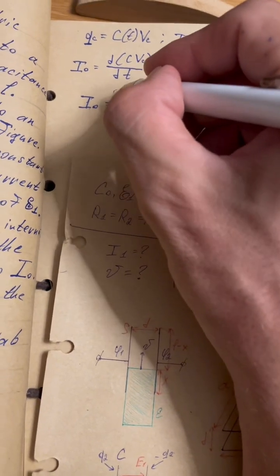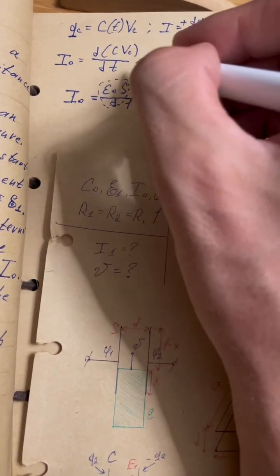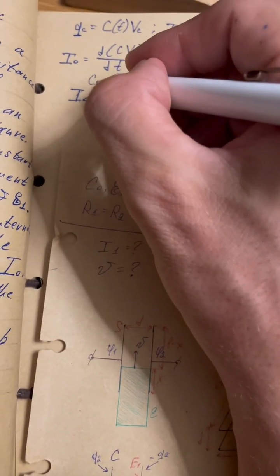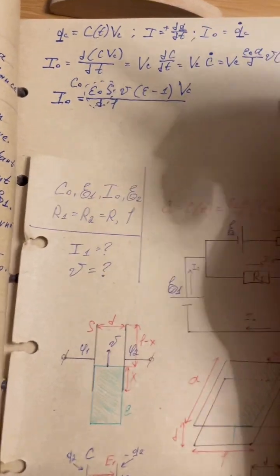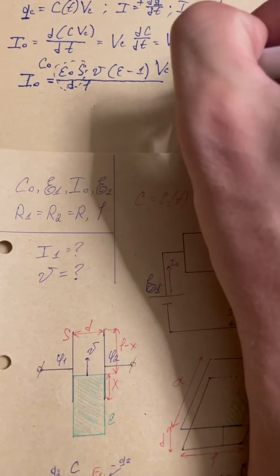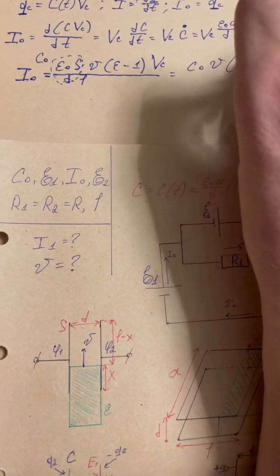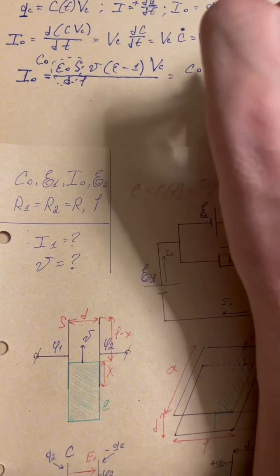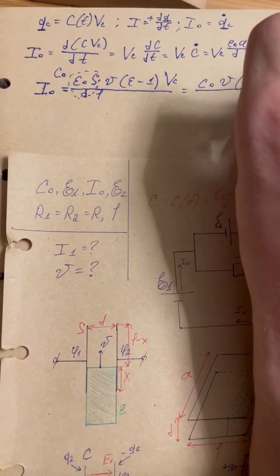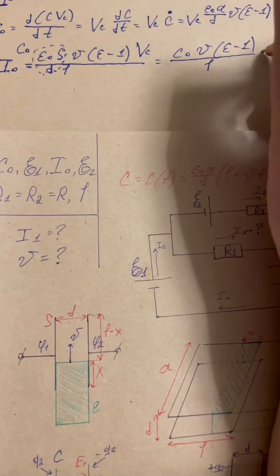And I can see here that this is just the initial capacitance, C0, without any slab inside, right? So I can rewrite it as C0 v epsilon minus 1 over L. That's all.